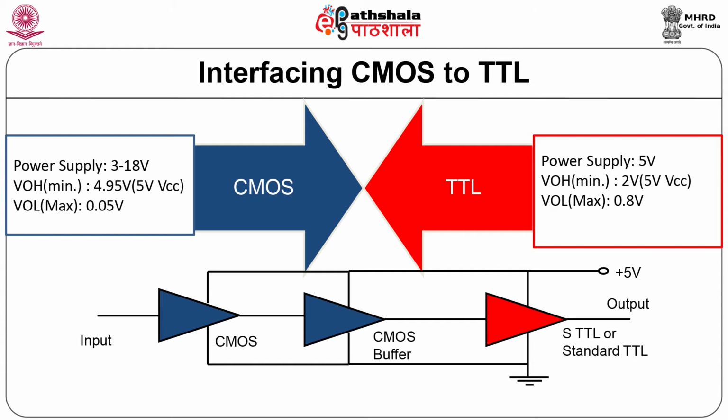Similarly, in the high state, the high output current drive capability of the CMOS IC must equal or exceed the high level input current requirement of the TTL IC. For a proper interface, both the above conditions must be met.